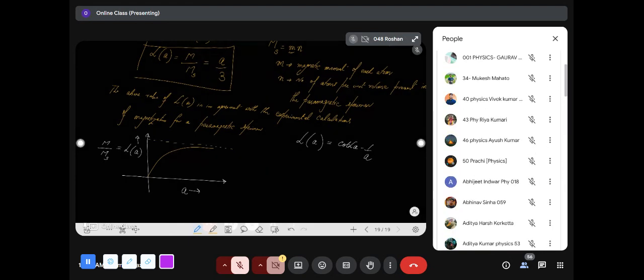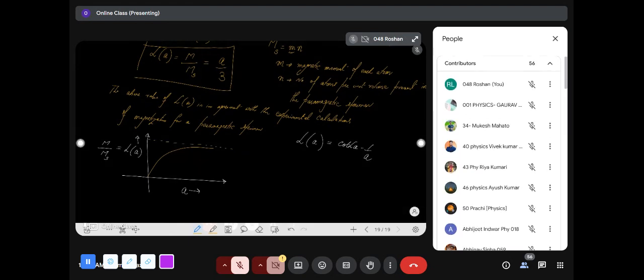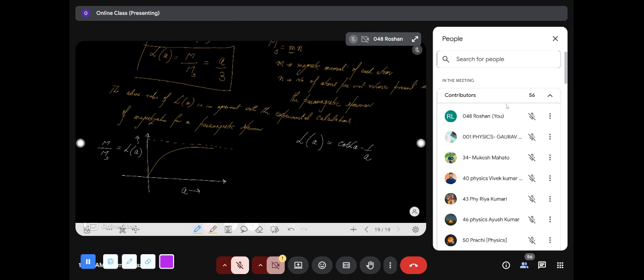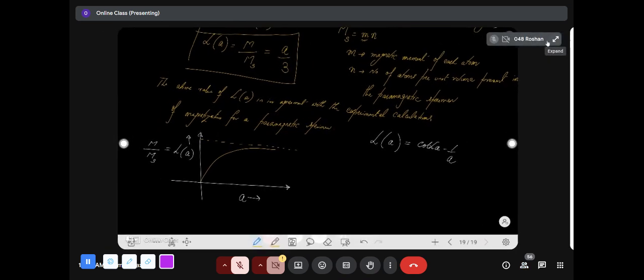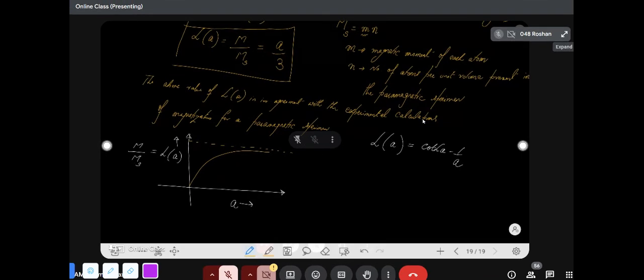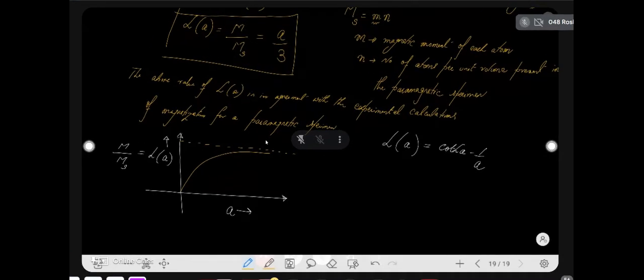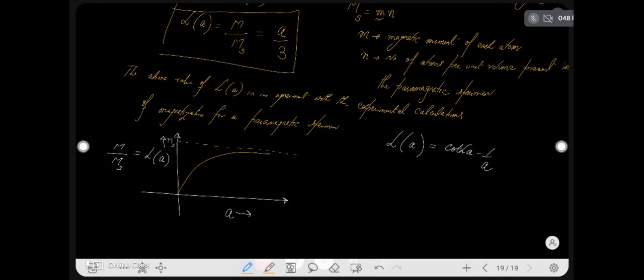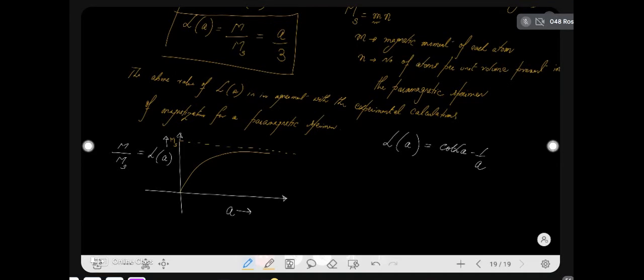This is the value Ms, that is M becomes equal to Ms. This is the saturation magnetization state. The curve never touches the saturation state.